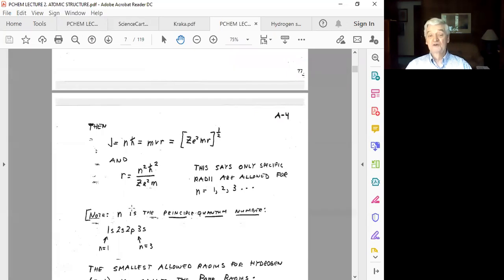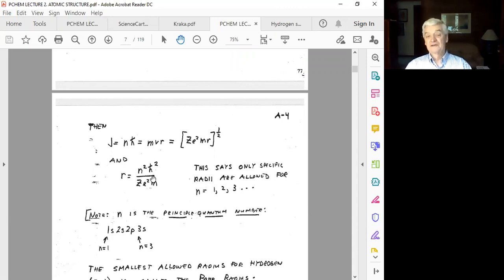So Bohr's conclusion was that you can only have certain radii for the hydrogen atom. And he came up with a quantum number n, and it could be 1, 2, 3, 4, etc.